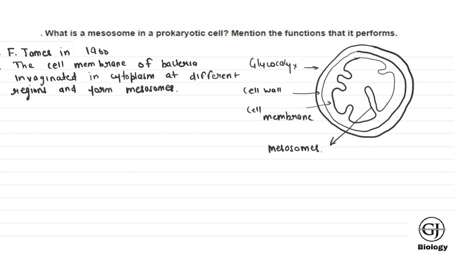So these plasma membrane enfoldings inside the cytoplasm are called mesosomes.